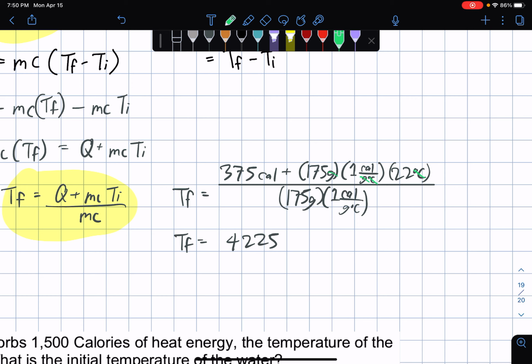So where do we cancel these? We have calories in the numerator, and below it's basically 175. Anything multiplied by 1 is the same number. So calories over degrees Celsius. The gram units cancel.